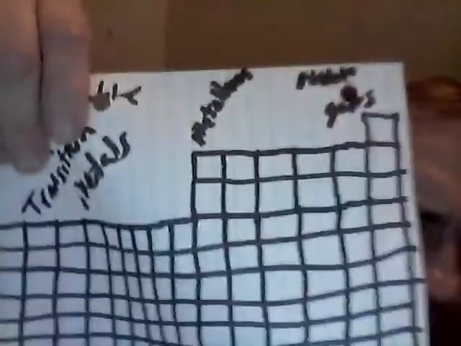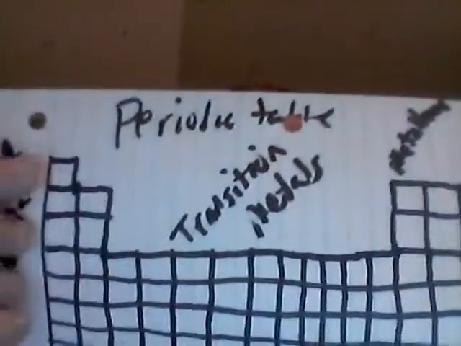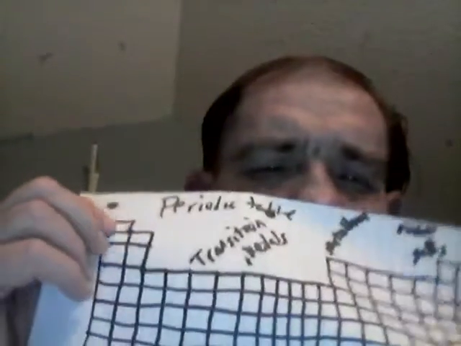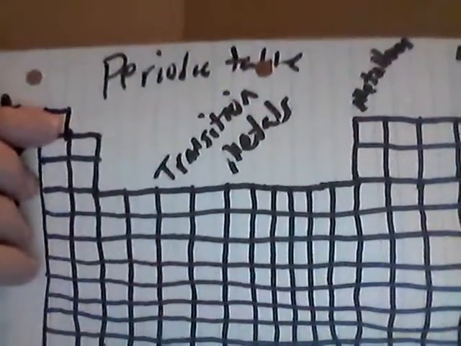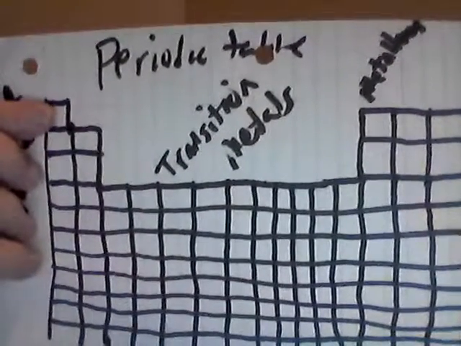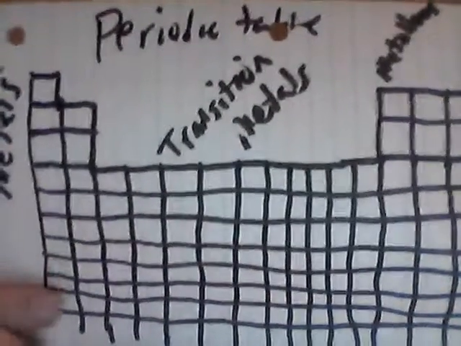Okay. Now, again, it gets a little tricky because I'm looking at it reverse. I'm trying to figure out how to, okay, alkaline earth metals are here, I think.